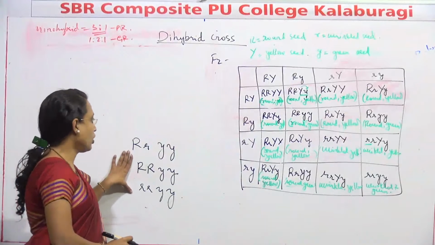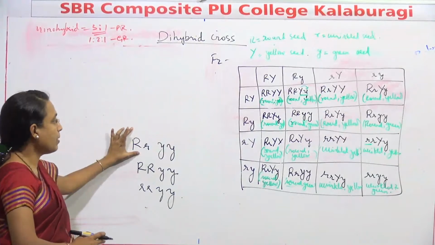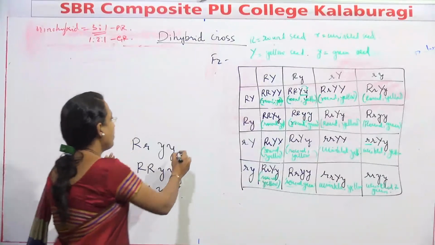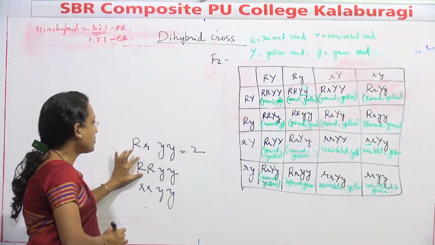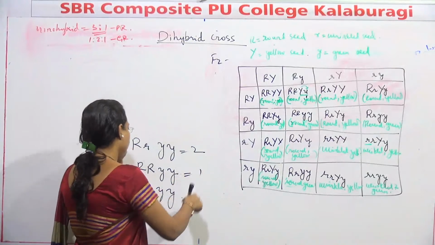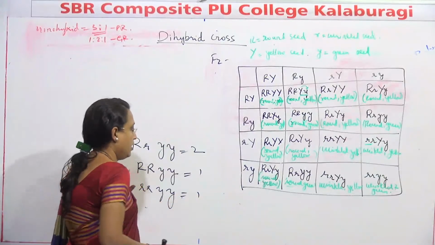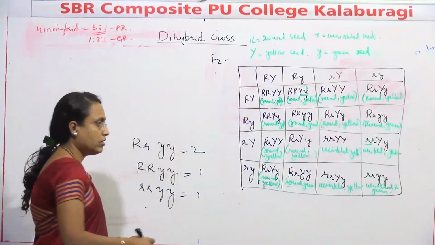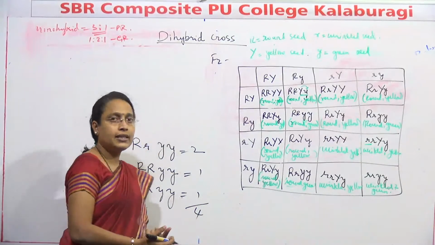So these are the genotypes. Now, how many of these are present where double recessive is there? For example, this is 2. Got it? And this is 1. Understand? And this is also 1. Now, total how much? 4. That means that is the proportion.